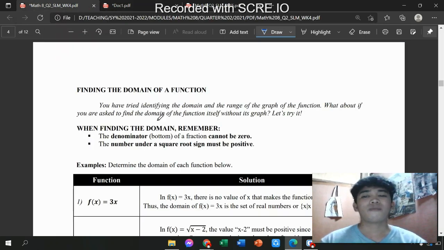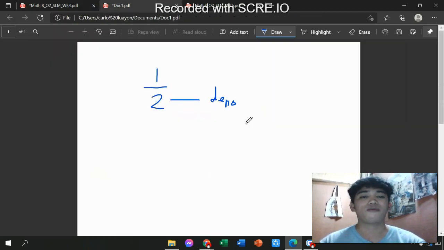So unsa kuno ang denominator? The denominator of a fraction cannot be 0. Dili pwede 0 ang nasa ubos. Dili pwedeng 3/0. Kay ngano man? If we try to solve this in your calculator, the result will be undefined. So dili pwede nga ma-0 ang denominator.